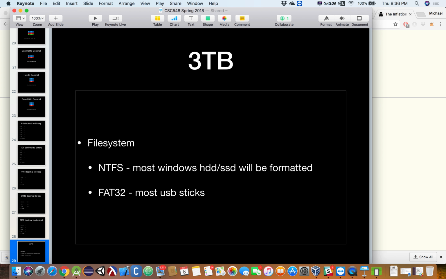So what are the top two computers that people are going to have out there today? Windows and Macs, right? Linux is going to be way down the line from there. FAT32, even though it was a Windows file system early on, is known.